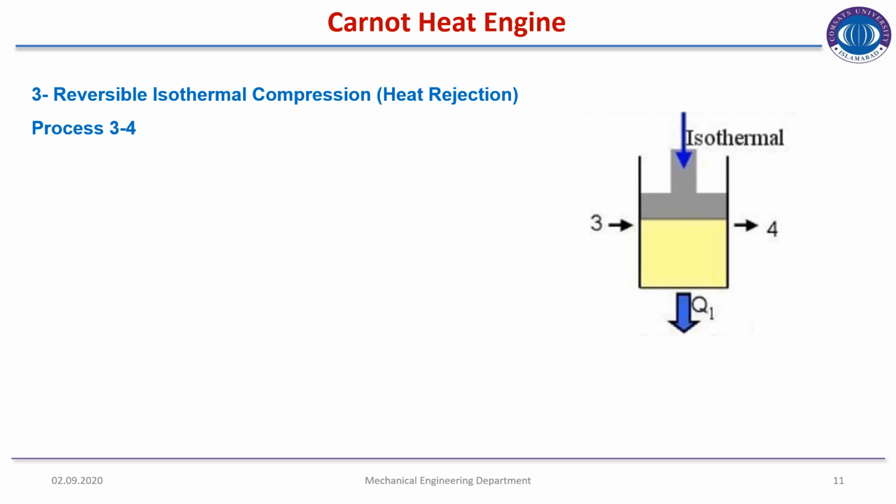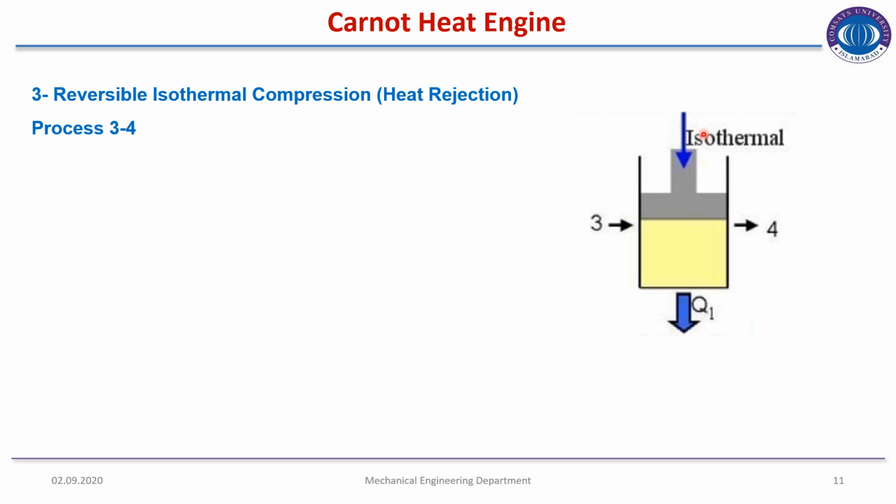The third process of the Carnot heat engine cycle is reversible isothermal compression, that is heat rejection. Heat is rejected during this process, so heat rejection is mentioned inside the bracket. Isothermal means that the temperature throughout the process will remain constant.